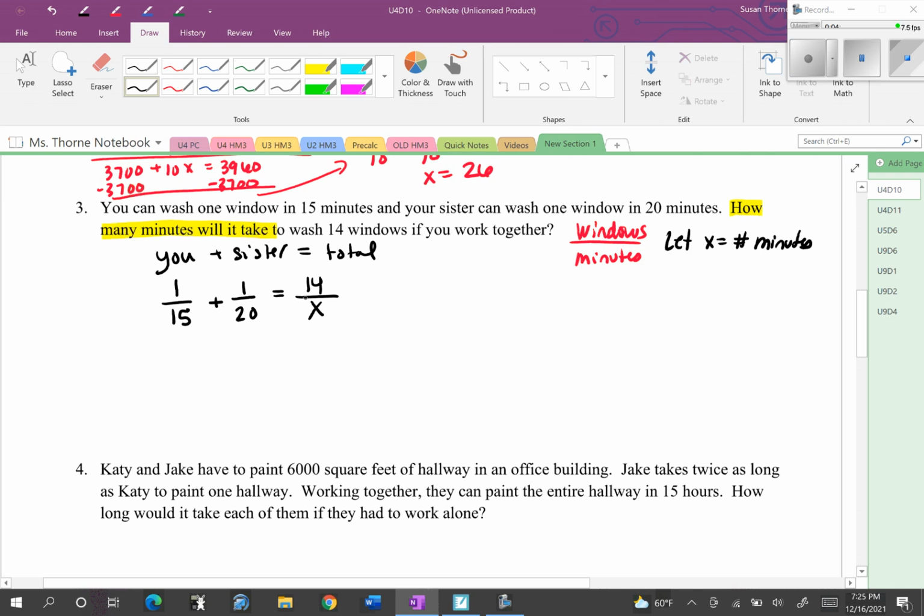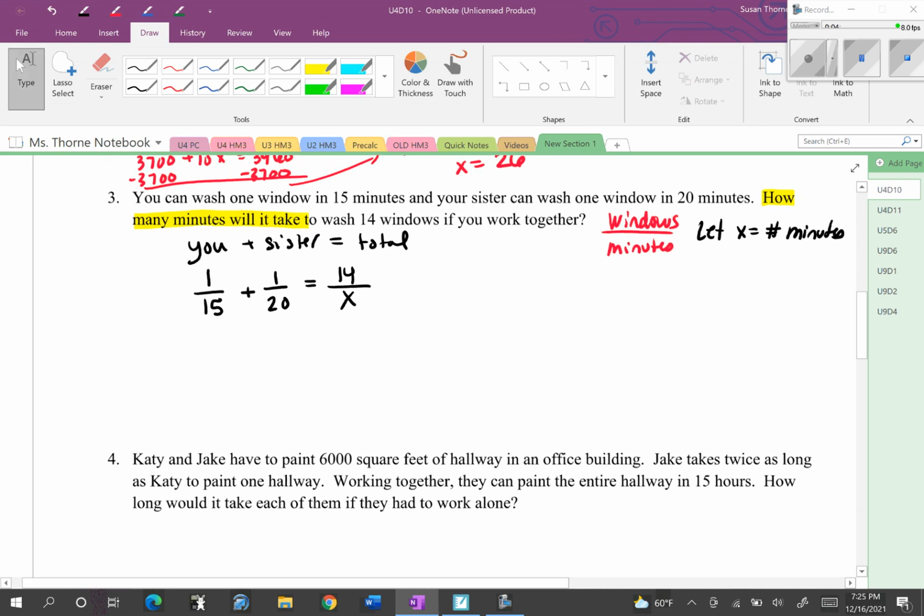So to solve this, you can do one of two things. You could make this side into one fraction and get a fraction equals a fraction and cross multiply. So we learned how to do that. Or we can find the LCD of all the denominators to get rid of them. I'm going to go ahead and do that because that's what we did when we solved these types of problems. So the LCD of all the denominators.